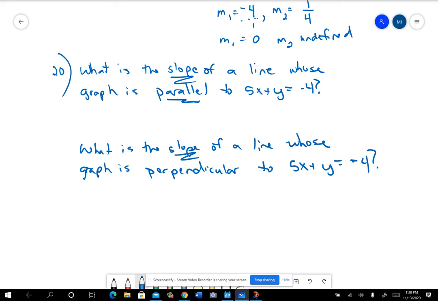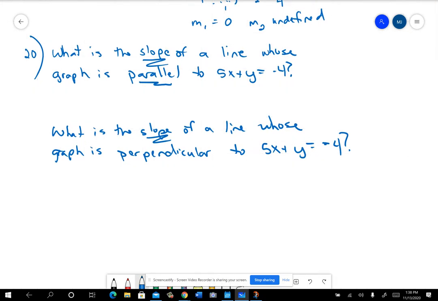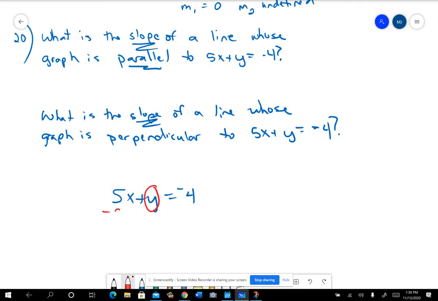Okay, so what you need to do is rearrange that equation. For both of those problems, to answer either part, you'd have to take your equation, 5x plus y equals -4, and find the slope by solving for y. So we're going to subtract 5x from both sides.